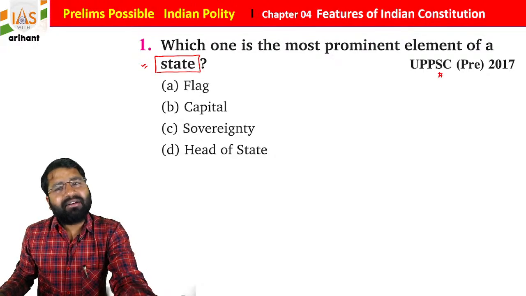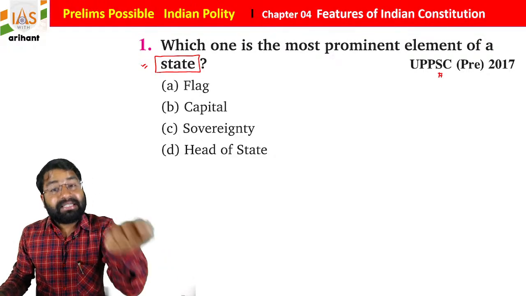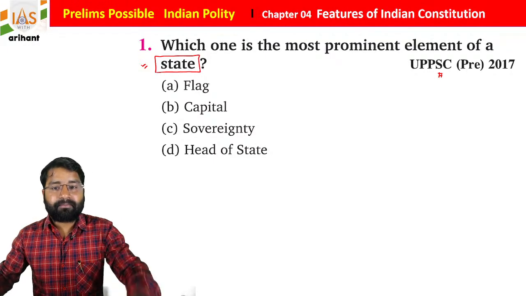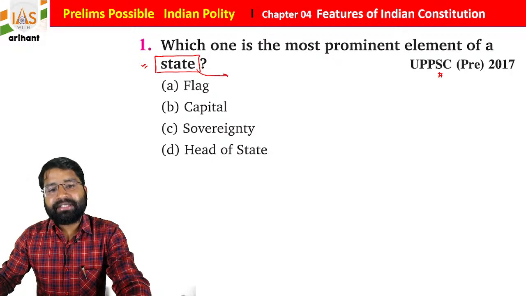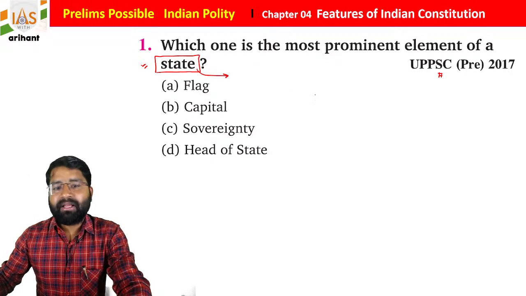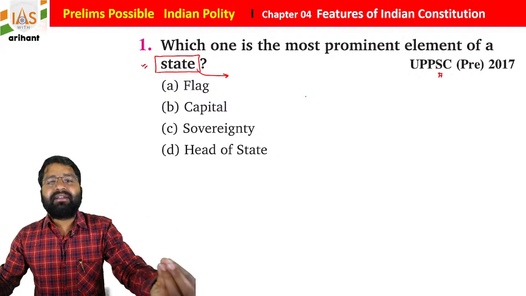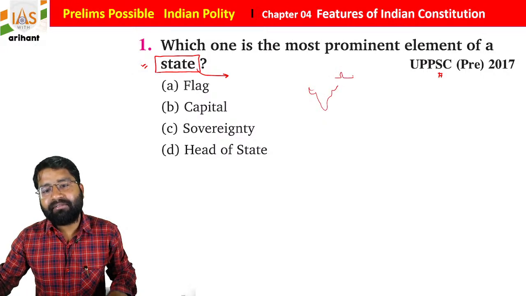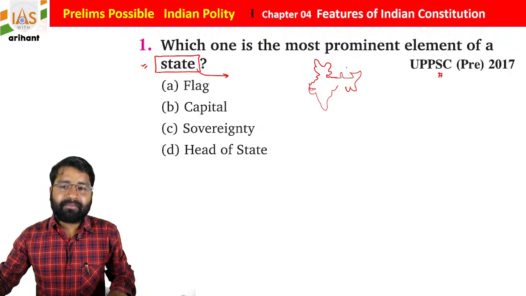Flag, capital, head of state, these are all required, but they are important elements, not the prominent ones. So a state is basically formed with four things. If you want to create any territory, first you require a territory. We have a very well defined territory, that is the territory of India. The first part of the Indian Constitution mentions the union and its territory. So we have a very prominent boundary, students.